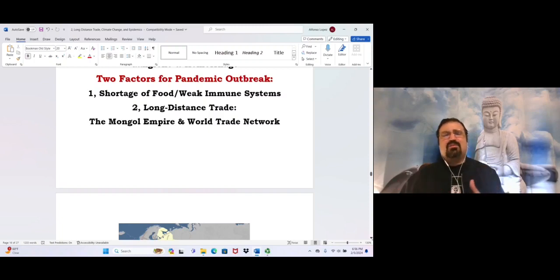Okay. The other factor for the pandemic outbreak, how this is turning really into pandemics, is, as just explained a moment ago, that they're already set in place long distance trade networks. And this is something that the Mongol Empire in particular was able to consolidate. The global trade networks were already there, but the Mongol Empire pretty much seized control of the network that connected Asia with the Middle East, the Indian subcontinent, all the way to Eastern Europe, and facilitated the movement of goods, provided protection along the networks, and sponsored merchants to conduct trading activities on a much faster rate.